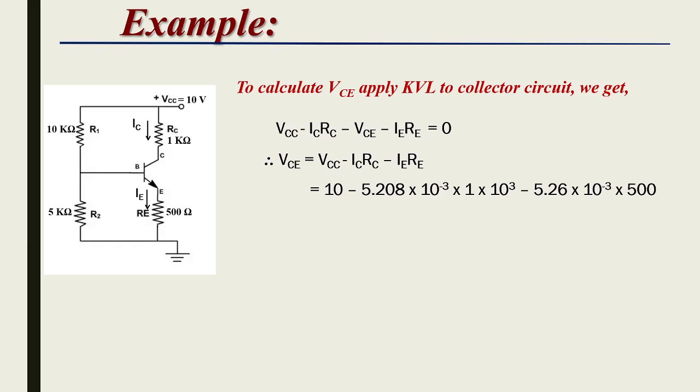We get VCE equal to 2.162 volt. So in this way we can calculate the input voltage, then the currents IE, IB and IC, and then the output voltage VCE, using this potential divider bias circuit.